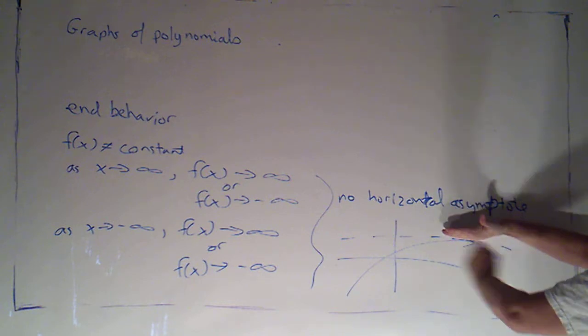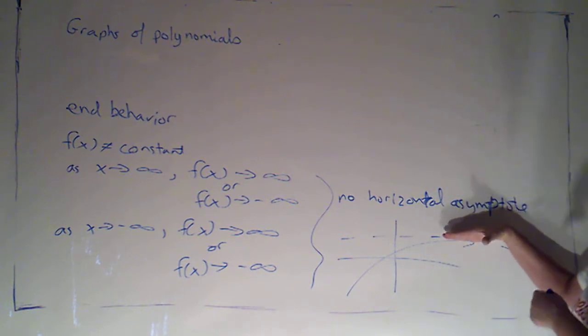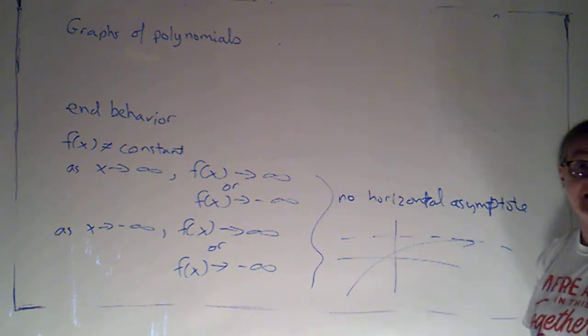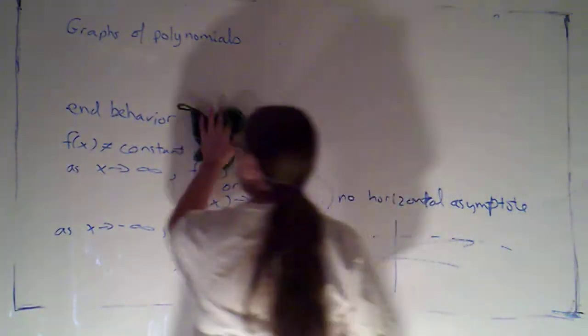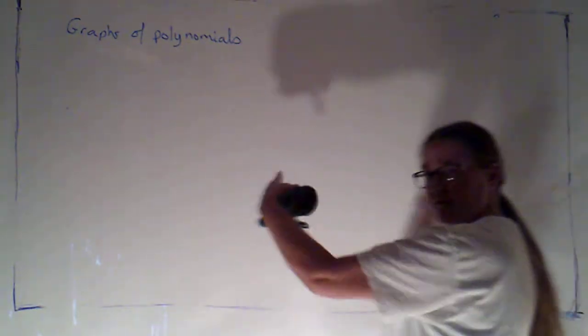It's approaching whatever the y value of that horizontal asymptote is. So it would be approaching some finite number. We're not going to have that. The end behavior is going to be that we're getting big y values. It's just sometimes they're big and positive, and sometimes they're big and negative.